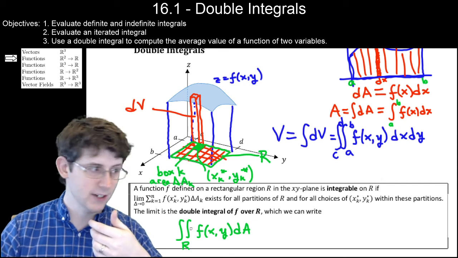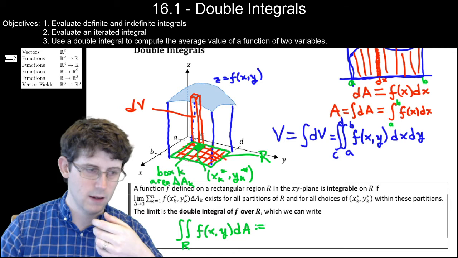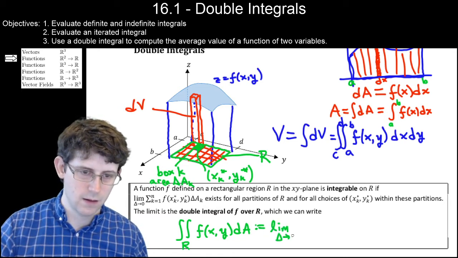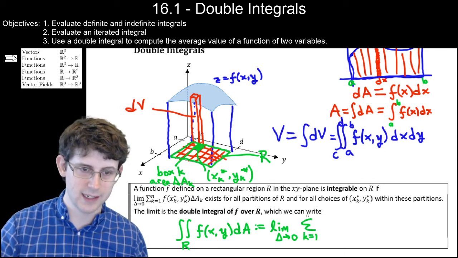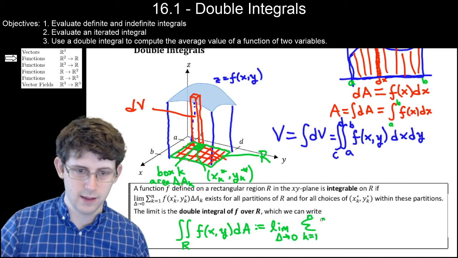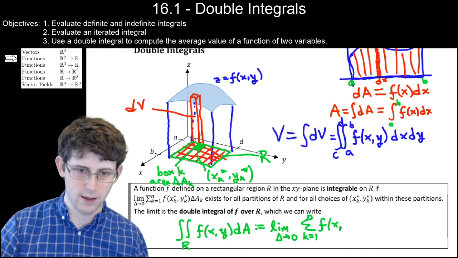So this double integral is defined to be this nice limit. So you make the boxes really, really small. You add up every box's contribution to the volume. The contribution to the volume is the height times the base.